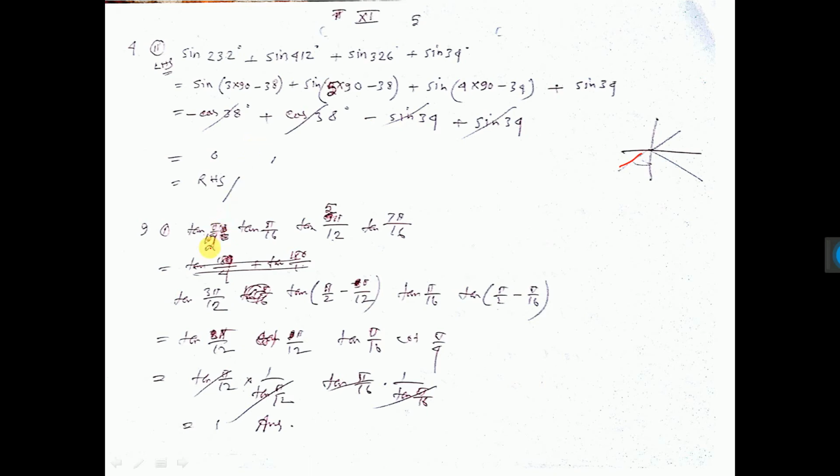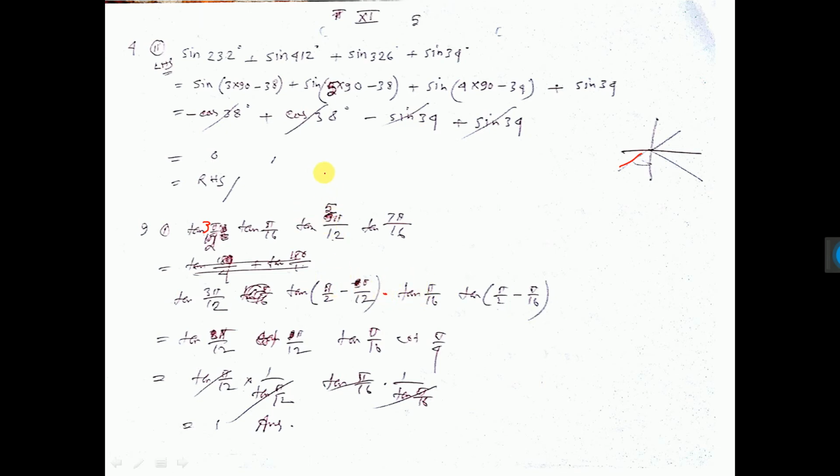This one: pi by 12, pi by 16, 3 pi by 12, pi by 16, 5 pi by 12, 7 pi by 16. Now see, this is 3 pi by 12. So it is kept. Then pi by 16 can be written as, here pi by 16.